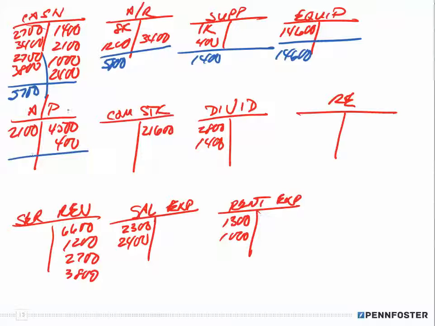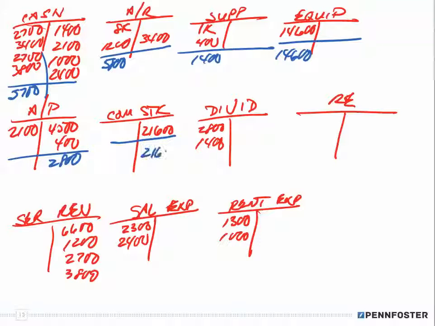For accounts payable, I have 2,100 on the debit side and 4,900 on the credit side, and the difference between those two is 2,800. But notice my credit is greater than my debit, so I'm putting it on the credit side. So my balance in my accounts payable account is 2,800.